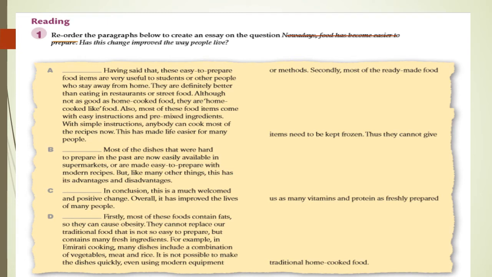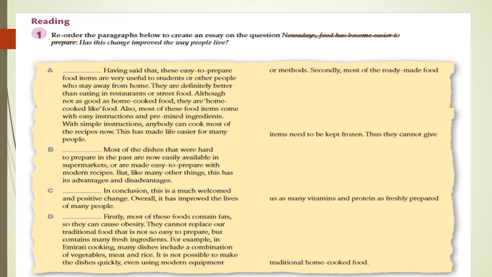A. Having said that, these easy to prepare food items are very useful to students or other people who stay away from home. They are definitely better than eating in restaurants or street food, although not as good as home cooked food.